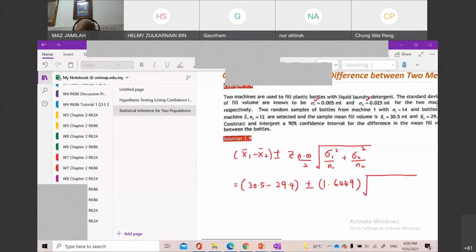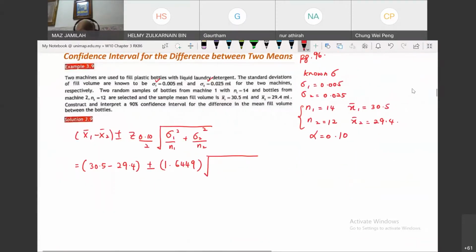Okay, let's continue. Okay, now we have this standard deviation is 0.005. This squared over your n is 14 plus 0.025 squared over 12.